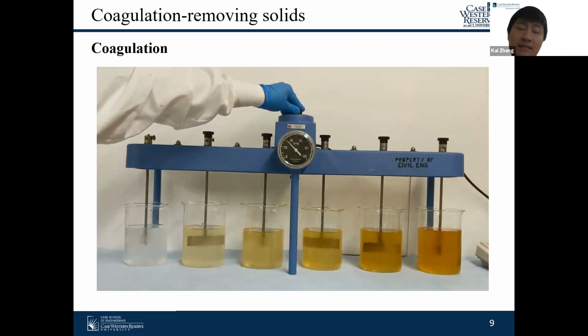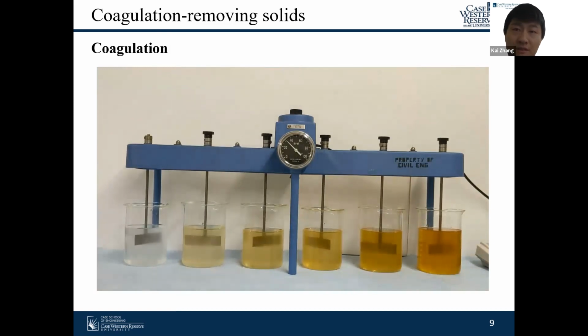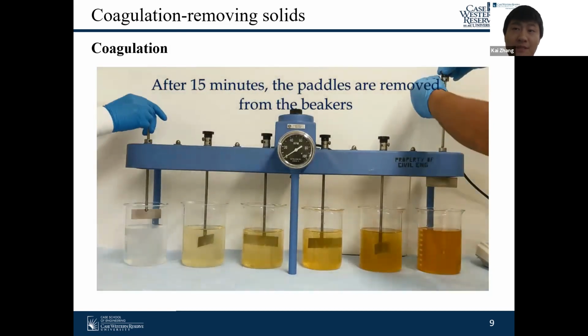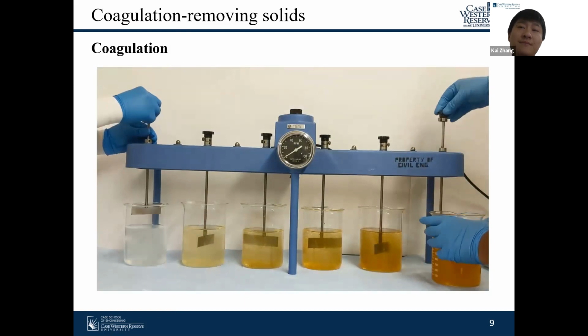We can notice that for the first one, we didn't add any ferric chloride solution. We just use it as the blank, as a comparison. And gradually we can find that the water in the last 5 becomes clear, especially in the upper part.